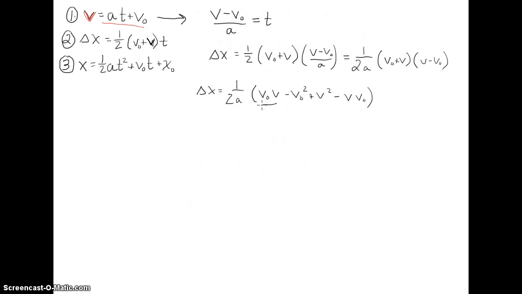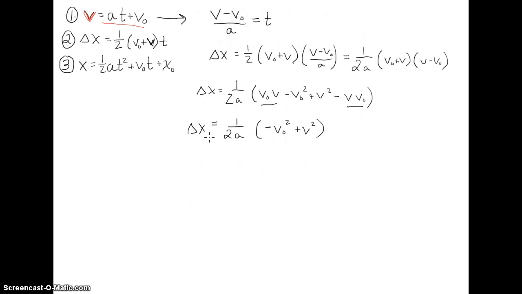And we notice we have some like terms. We have v naught v and minus v naught v. So those are going to cancel each other out. Some of you may be noticing that, oh, you can just do a shortcut here if you know some of your foiling shortcuts. Just wanted to show you how it works. So then we have minus v naught squared plus v squared equals delta x.